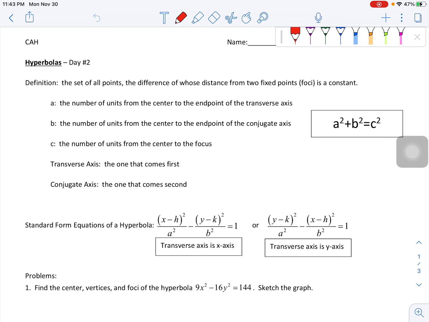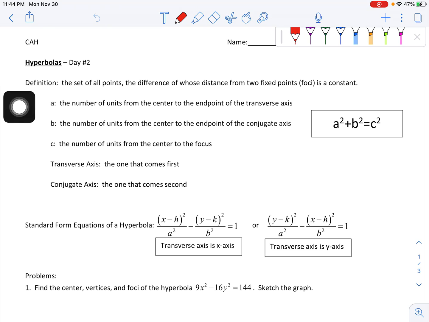So these notes start with going through a lot of the information that we had in our first day of notes. So it's the definition: the set of all points, the difference of whose distances from two fixed points is constant. Those two fixed points are called the foci. A is always the number of units from the center to one of the endpoints of the transverse axis.